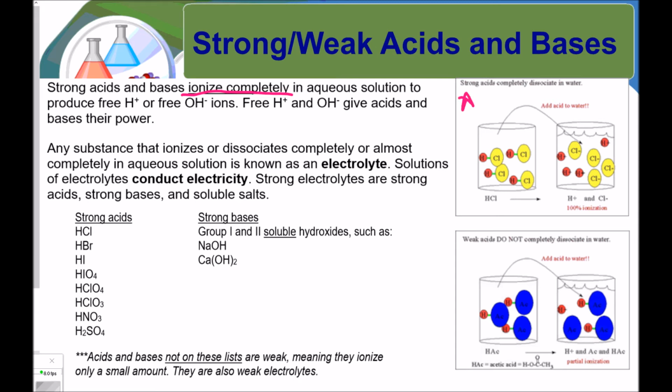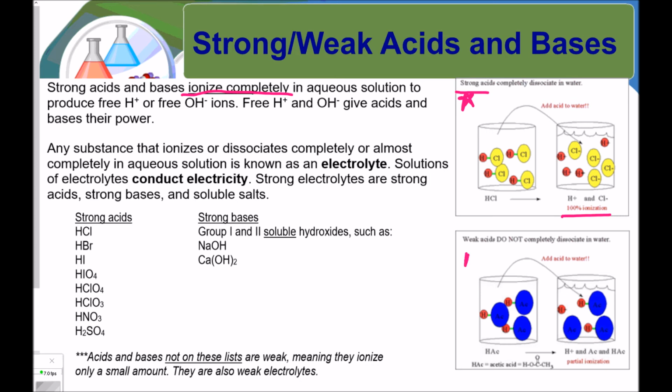So if you look at our picture right here, we've got hydrochloric acid and we pour it into water. So when we pour it into water, the hydrogens and the chlorines break apart. So we have separate cations and anions. They're no longer bonded. This means they have ionized 100%. So hydrochloric acid would be a strong acid because it is completely dissociated in water.